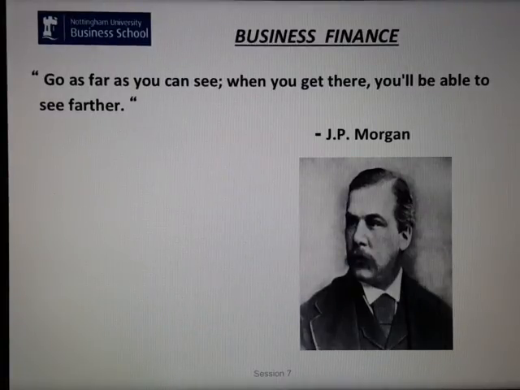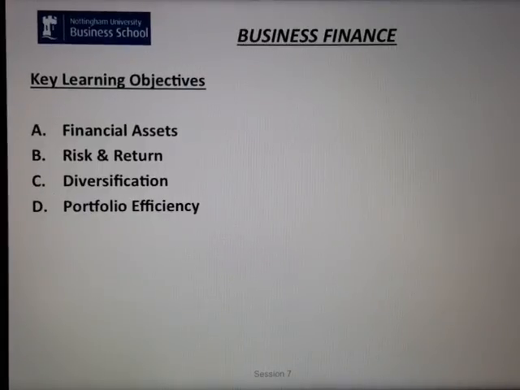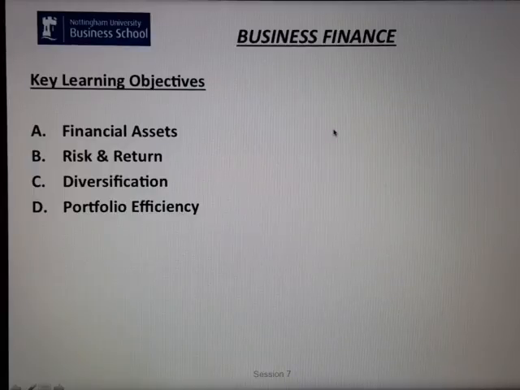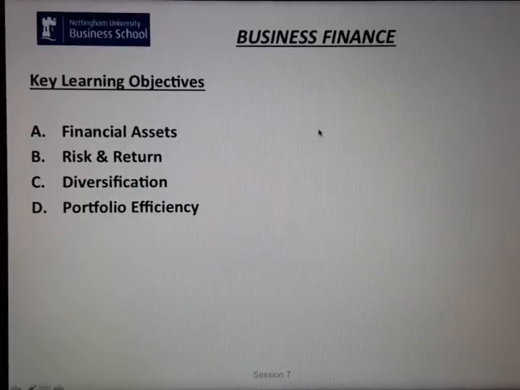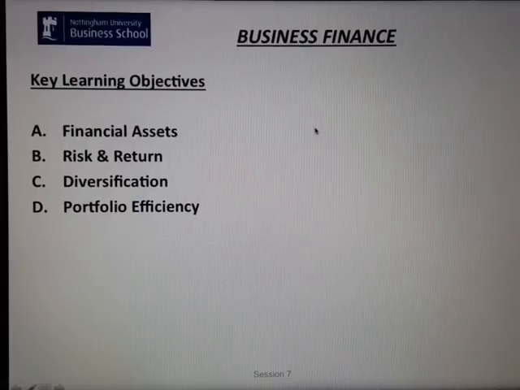Hi, we are now in section 6 and we are going into measuring risk. A key objective of this lecture is to focus on measuring risk in the types of financial assets that we want to invest in, and how we measure and analyze the risk and return.